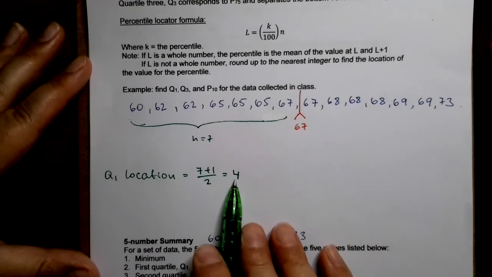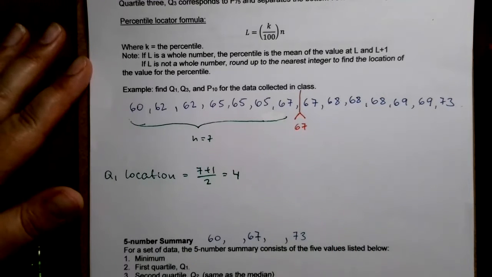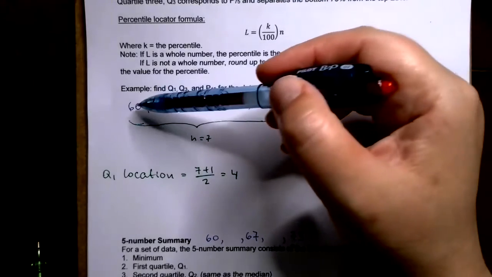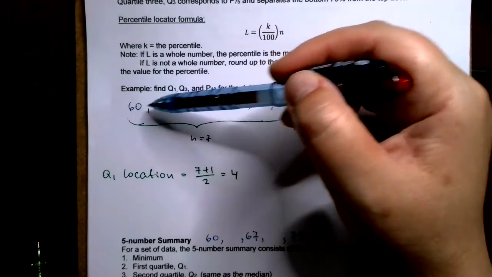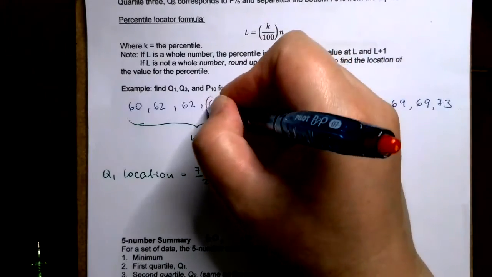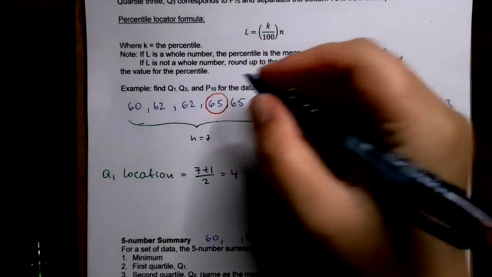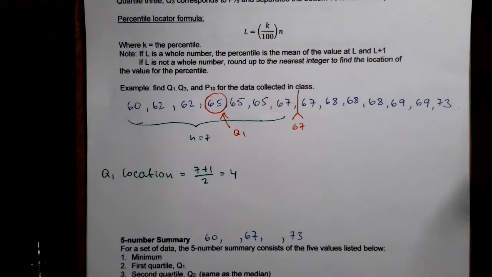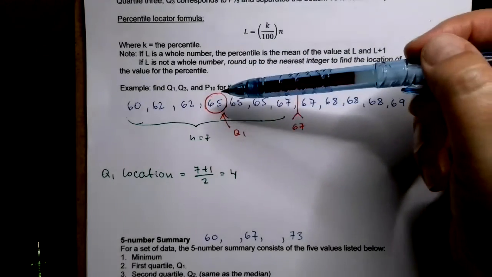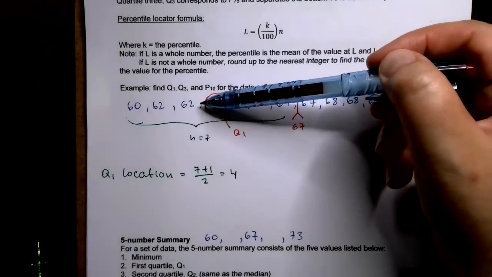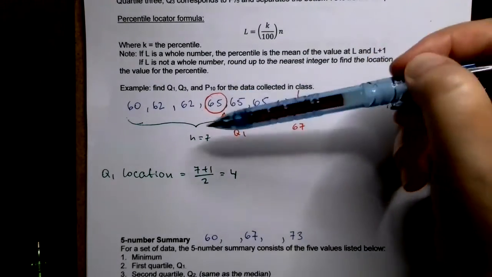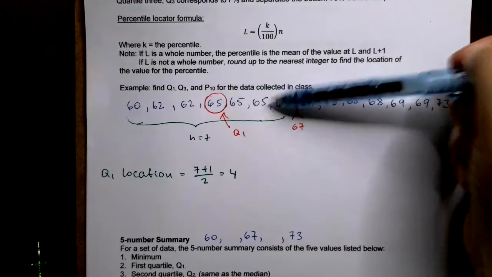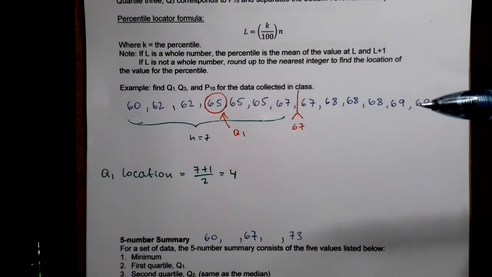Again, that's the location, not the value itself. So we have to go into our data set and find that value. 1, 2, 3, 4. So this is our quartile 1 value. And as you can see, this value divides our set perfectly. We have 3 values below it and 3 values above it.